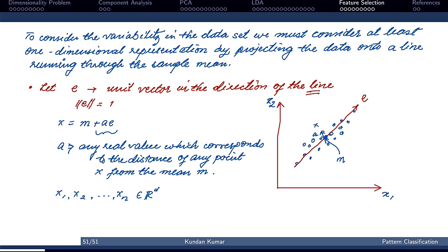So we can write a very general expression, where k is the index. So xk equal to m plus ak e, and e is the direction of the line, and that is the unit vector.